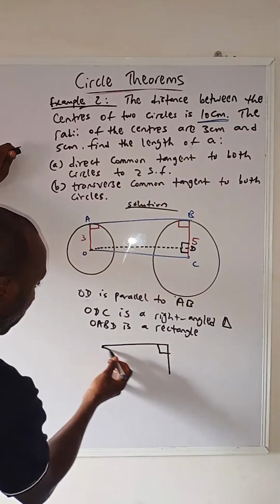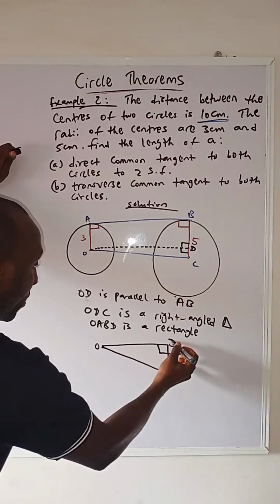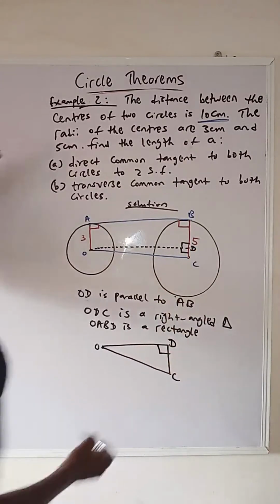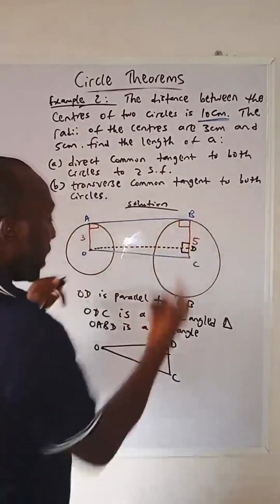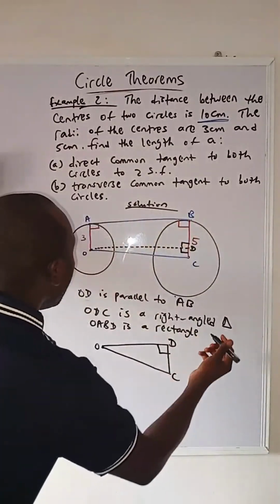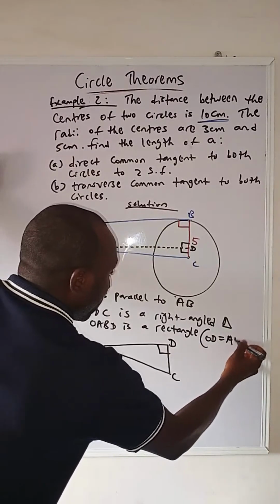I'm trying to redraw this now. This is O, this is D, and this is C. What am I trying to get? OD. If I can get OD, it will be equal to AB. So I'm going to write here that OD is equal to AB.